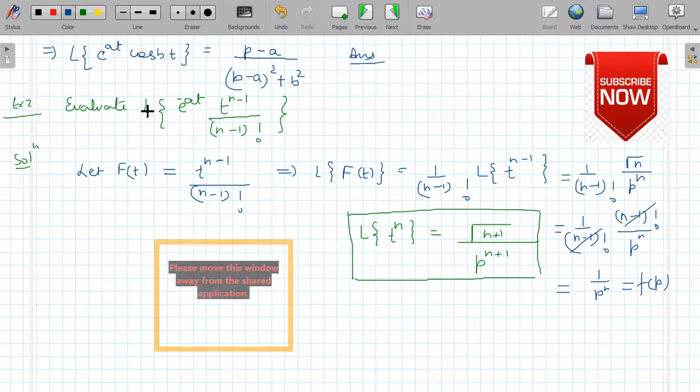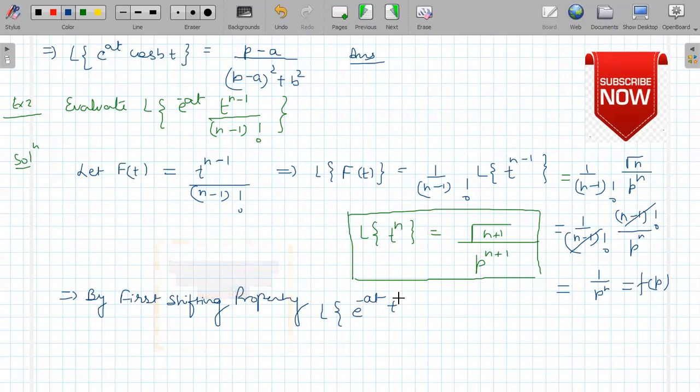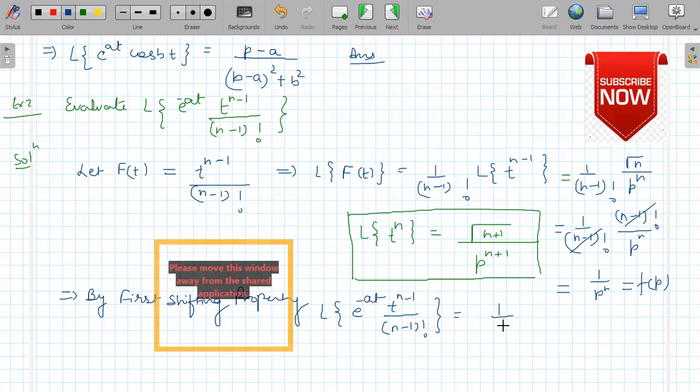Now we come back to the original function. By the first shifting property, the Laplace transform of e raised to the power minus at, t raised to the power n minus 1 whole divided by n minus 1 factorial is equal to the function F(p).